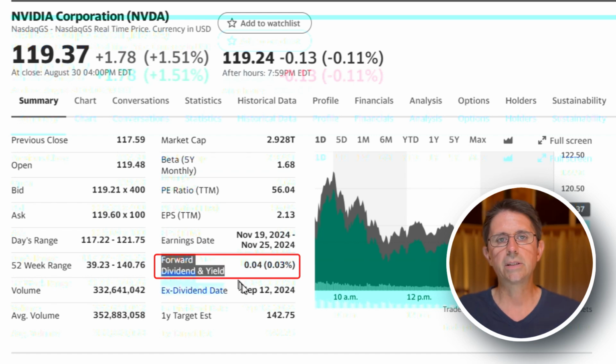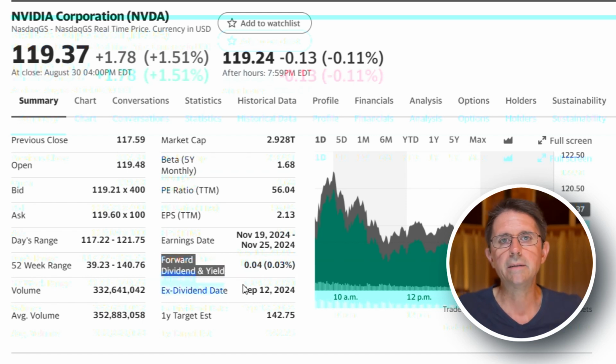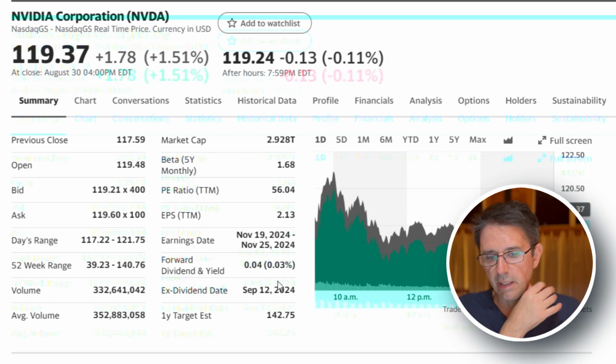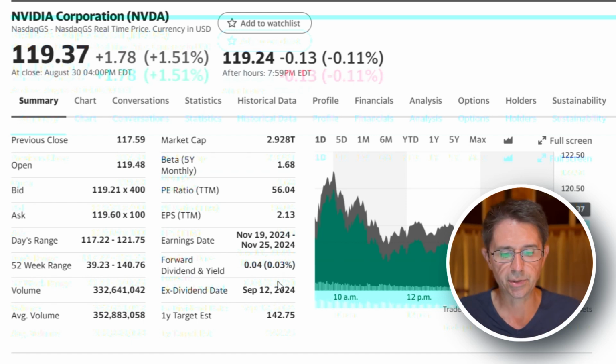So the yield is just like a company will pay a dividend. So when they have their net income or their profits, a lot of that they'll reinvest in the business, but sometimes they'll reward shareholders by paying them a dividend, and they'll just give you money for the fact that you're a shareholder, and you can take that money and do what you want with. And it's typically expressed in cents, how many cents per share they will pay you, and then what that is in percentage terms.